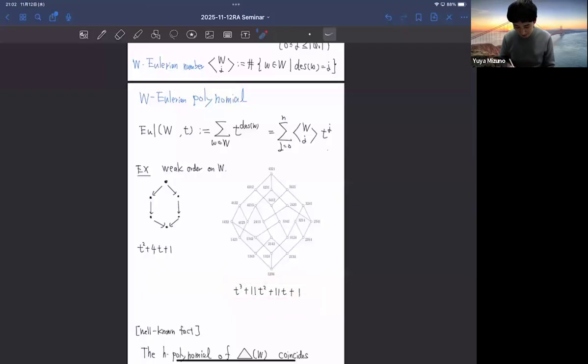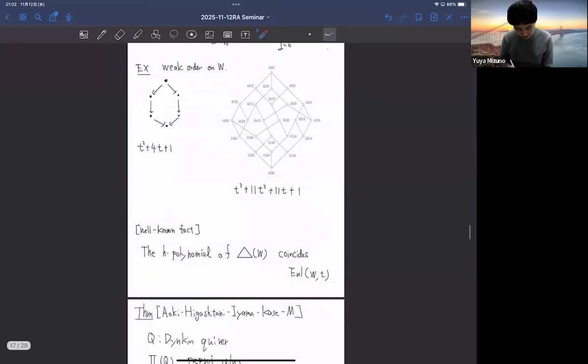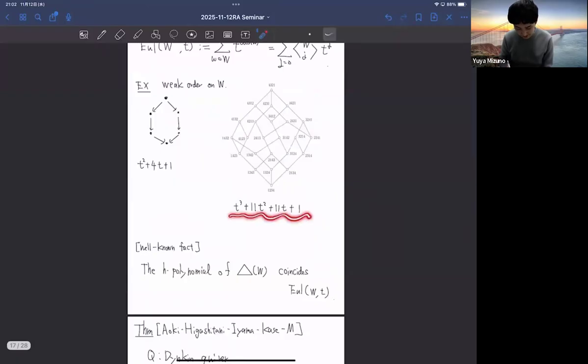And you might remember this polynomial already appeared. Actually, this can be realized as the h-polynomial of the preprojective algebra. But before this, I'd like to mention another important fact.